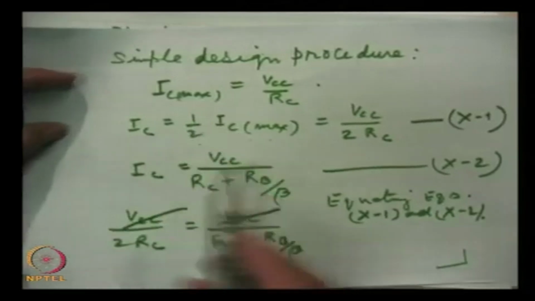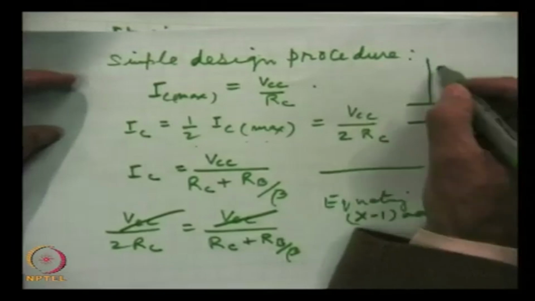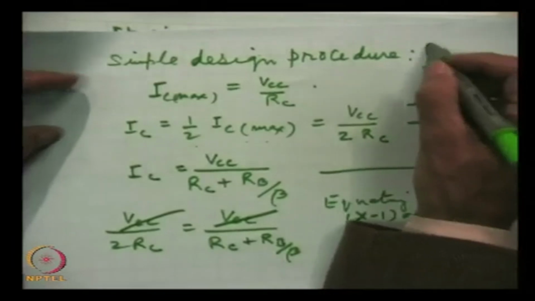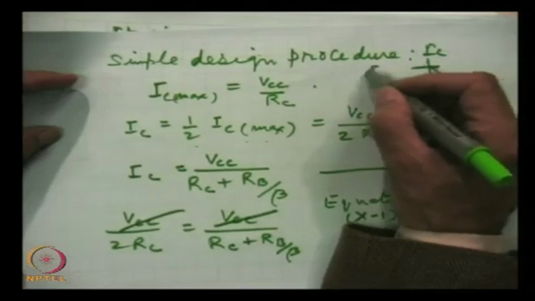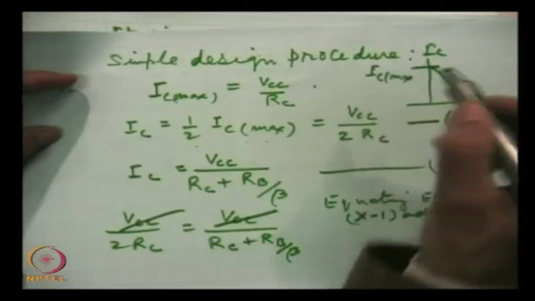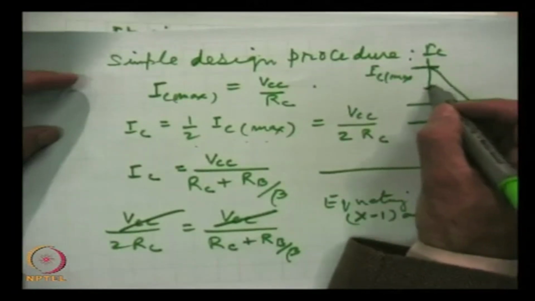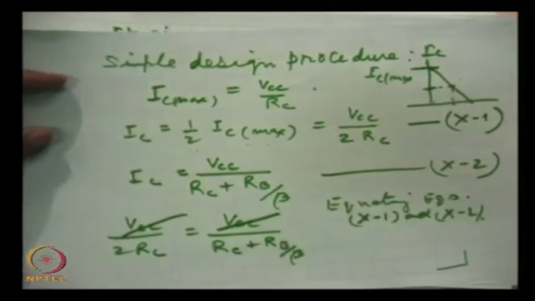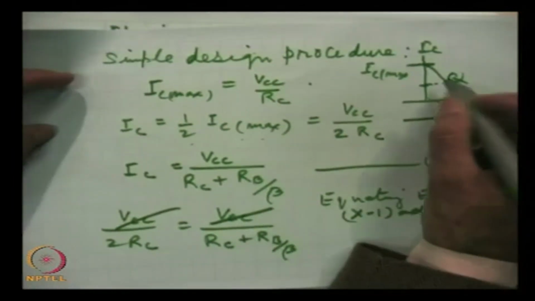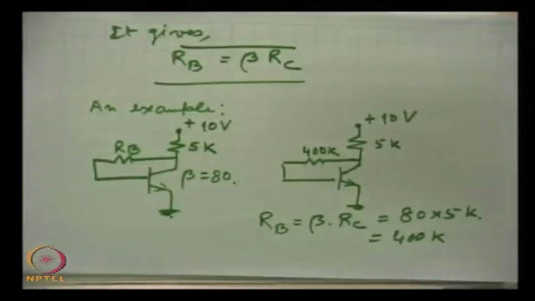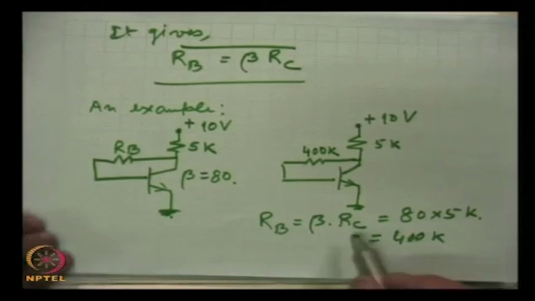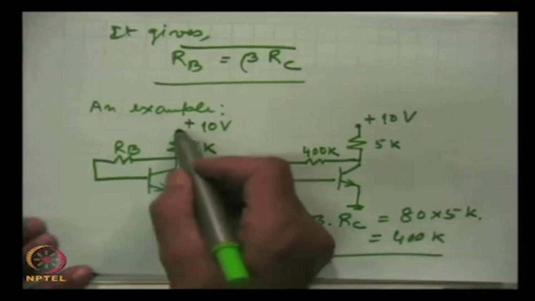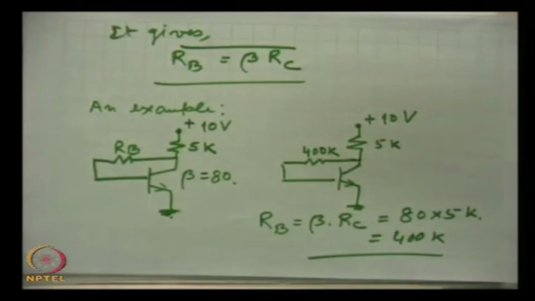This is the IC max point and half of it is somewhere in the middle. So we are talking about the Q point somewhere in the middle of the active region. This is very simple, and as I said, very widely used if extremely high stability is not required.